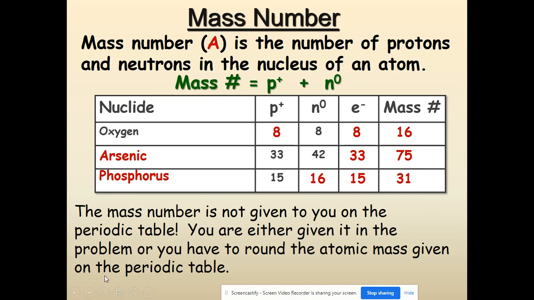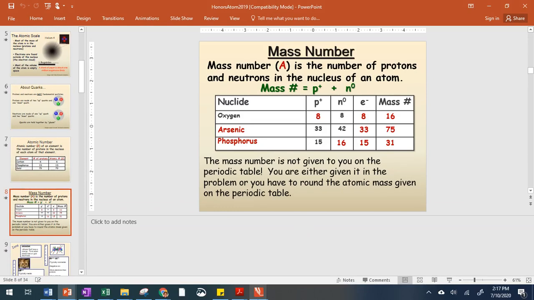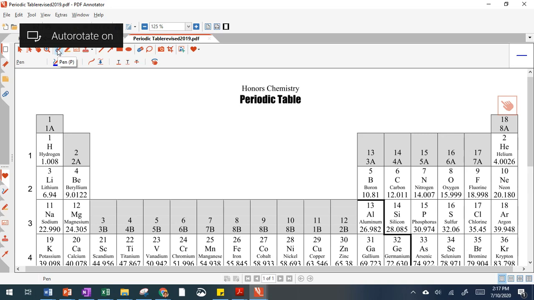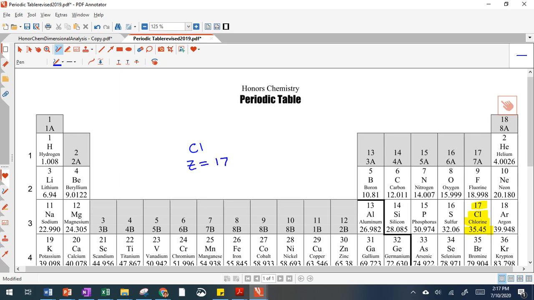So actually, let me pull up your periodic table and let's look at it. Okay, so let's look at chlorine. Here's chlorine. So we know that chlorine has an atomic number, or Z, equal to 17. Its mass, which we're going to round to get the mass number, is going to be 35.